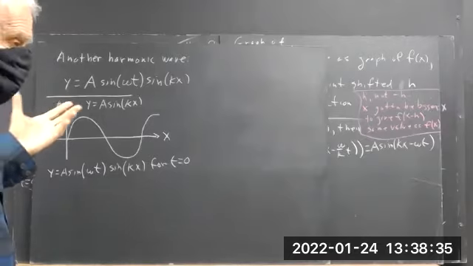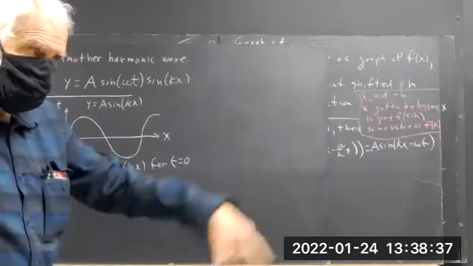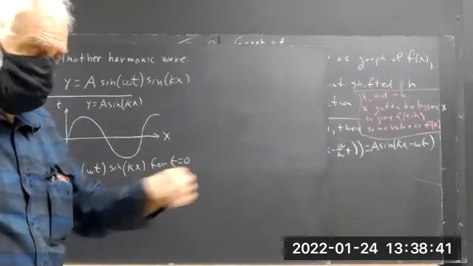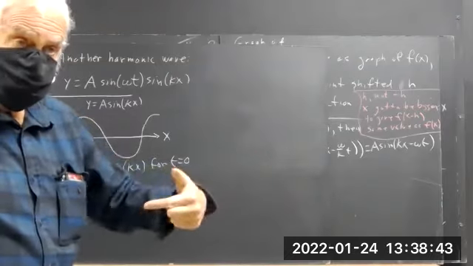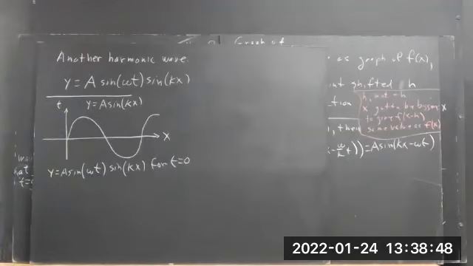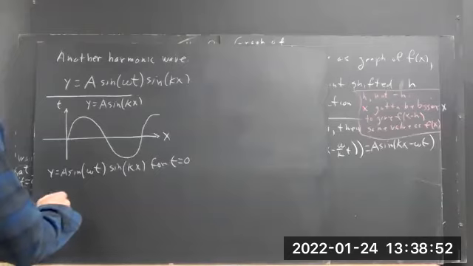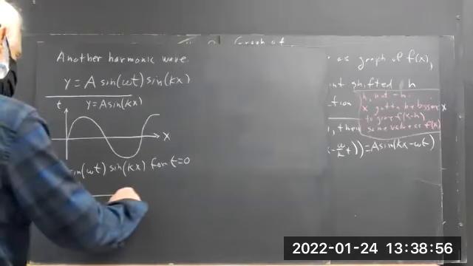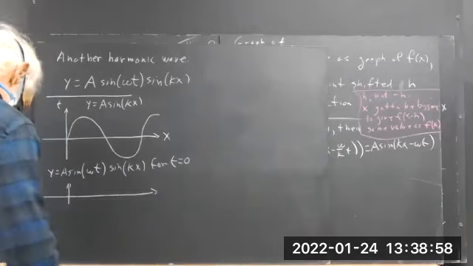Circular model: sine is the projection onto the y-axis. The projection of the 0 vector on the y-axis is 0. Okay, so this is a pretty simple graph.